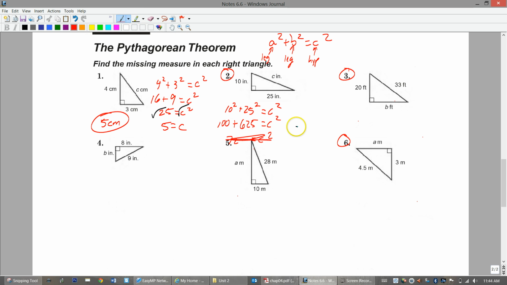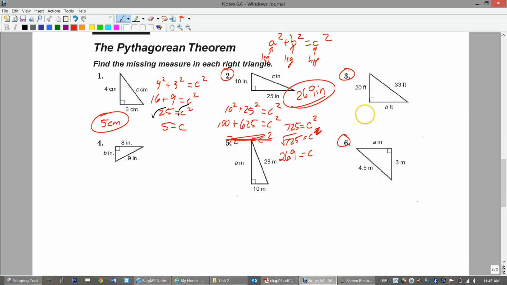Square root both sides, you get the square root of 725. And c was 26.9. Was that what you guys got? Inches. So 26.9 inches. Make sure you put the units down just for emphasis.